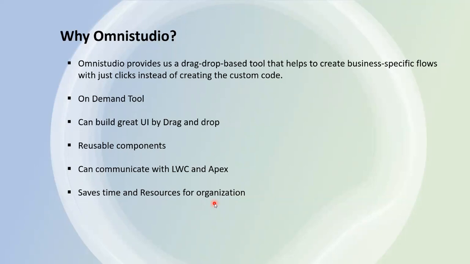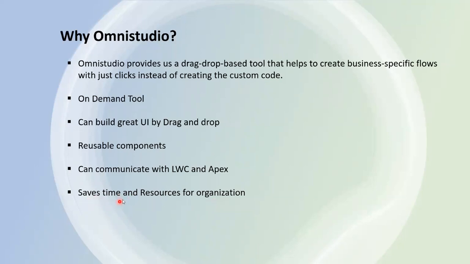If I want to build the same UI with multi-screen functionality, it will take at least 7 to 10 days via LWC code, and again you need to have separate skills. But with Omni Studio, I can do that in 1 day, only 1 day.